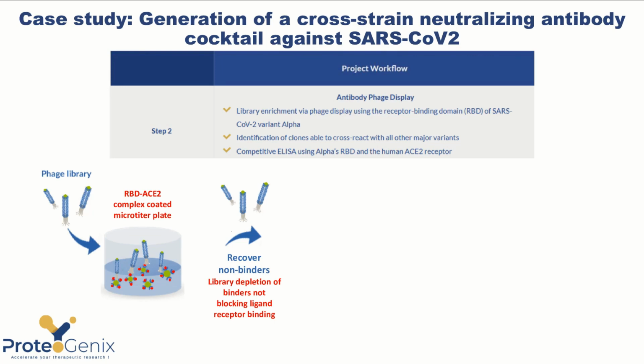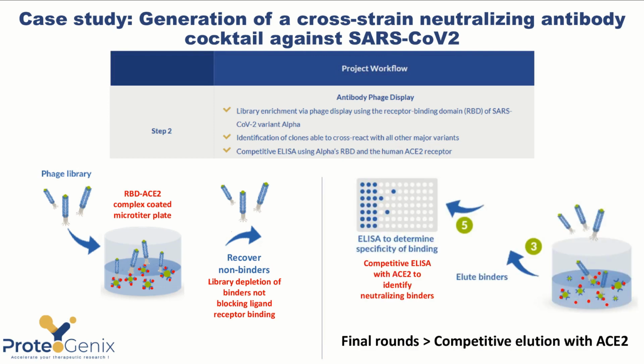We then took the recombinant receptor binding domain of the SARS-CoV-2 alpha variant and recombinantly produced human ACE2 in order to carry out our phage library depletions. With cross-panning against different variants, followed by a competitive elution with ACE2 and a competitive ELISA screening to identify the competitive binders which were of interest to us.